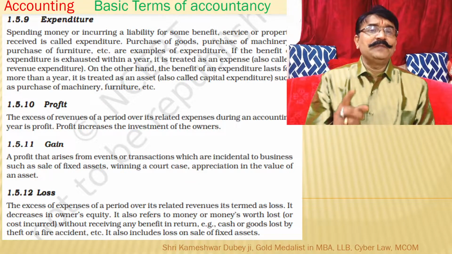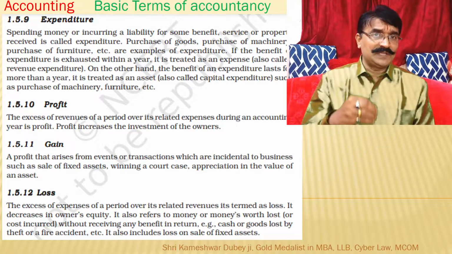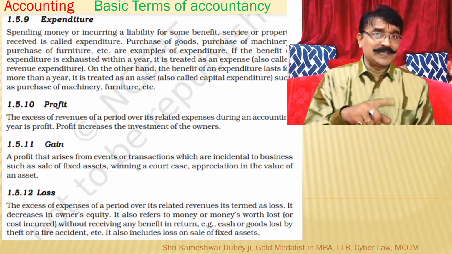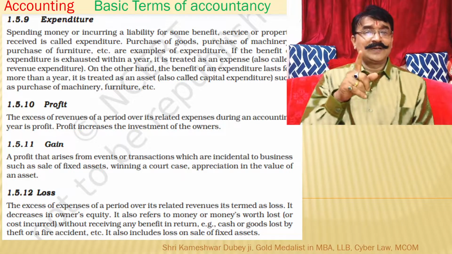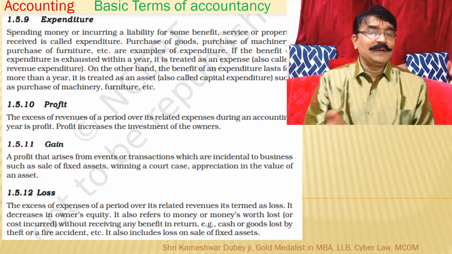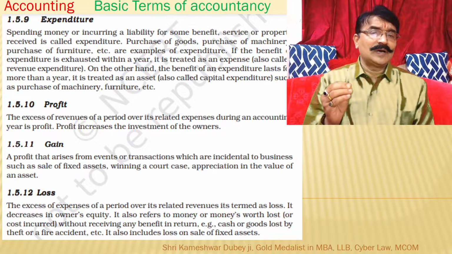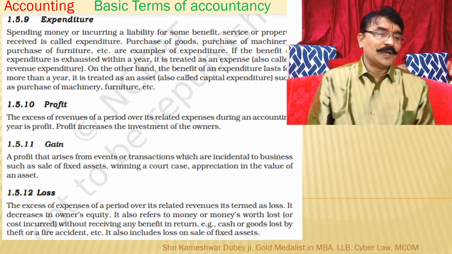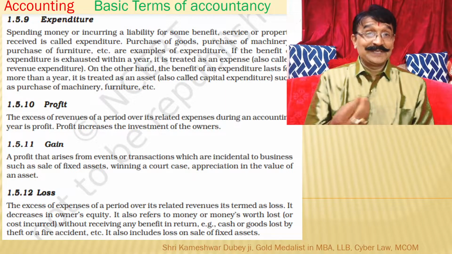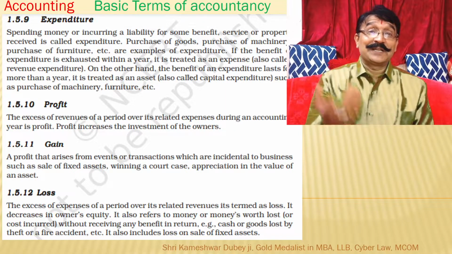If the benefit of the expenditure is exhausted within a year, then that expenditure is an expense. Otherwise, it is expenditure. It may be in the form of machinery, furniture, land, building, etc.